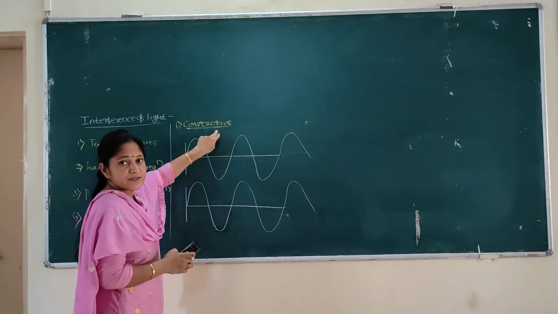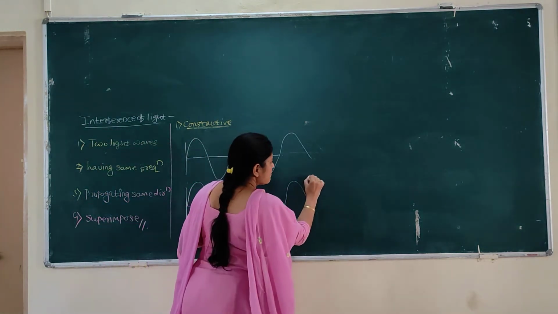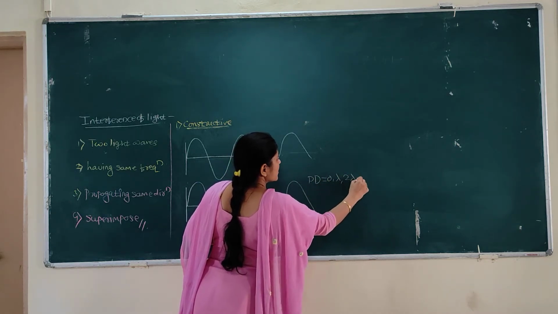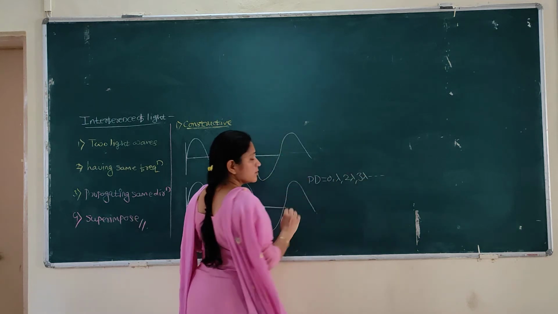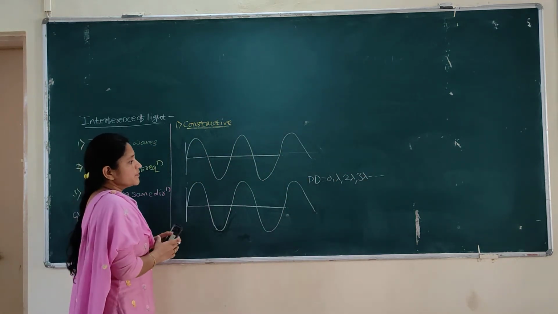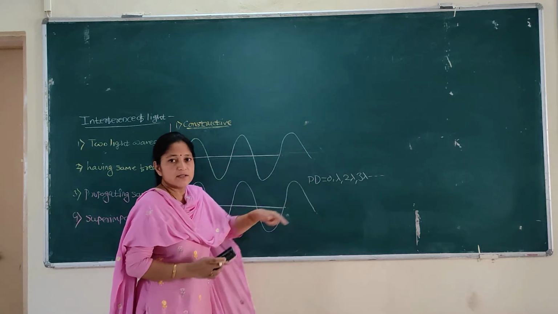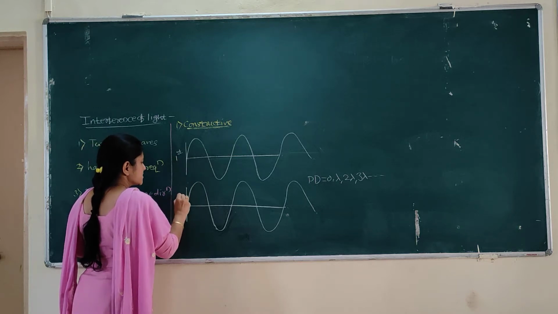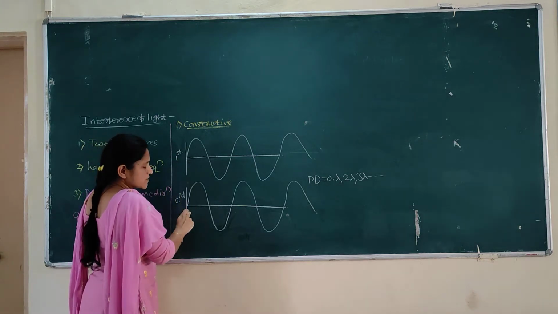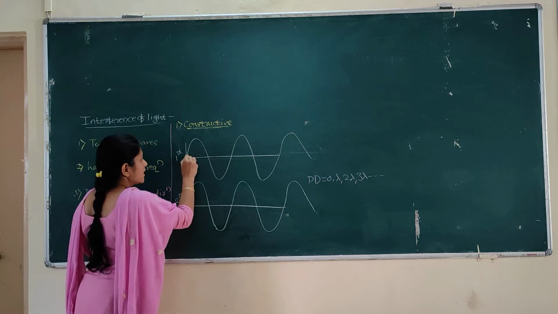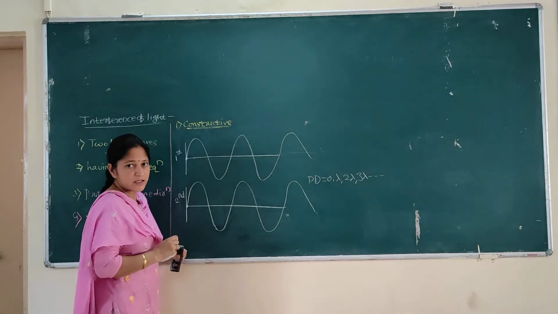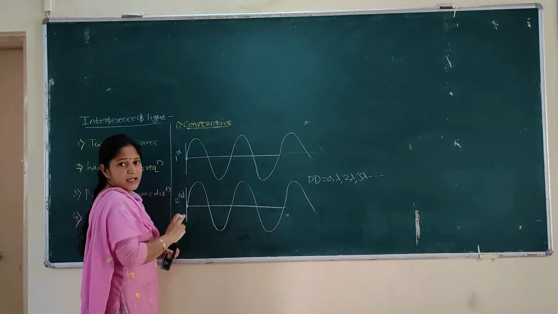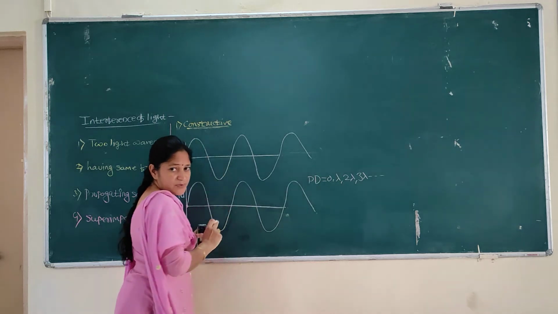Constructive interference takes place when the path difference is equal to 0, lambda, 2 lambda, 3 lambda, like this. So 0 path difference means what? See, this is the first wave, this is the second wave. Both the waves start from the same point, and that is nothing but the 0 path difference.